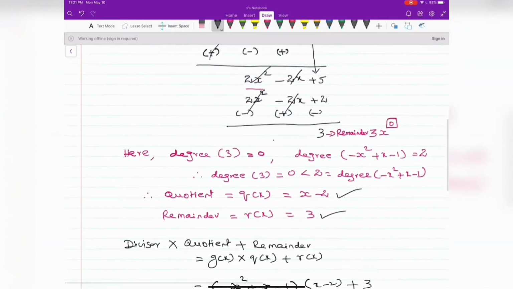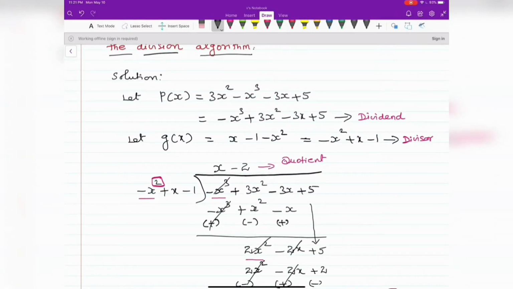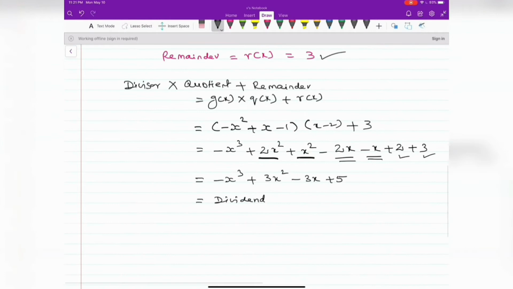You can check over here. Dividend: minus x cube plus 3x square minus 3x plus 5. That is what we got over here, which is equal to p of x as per our assumption.